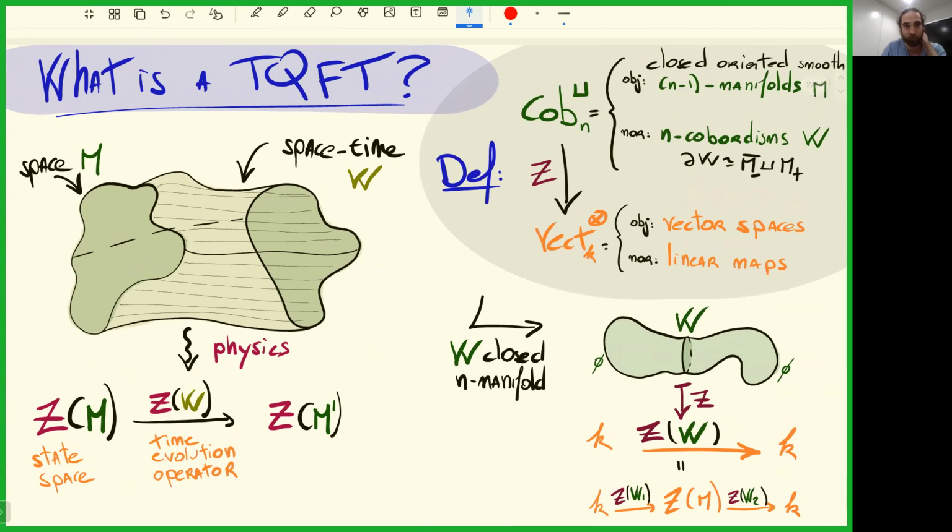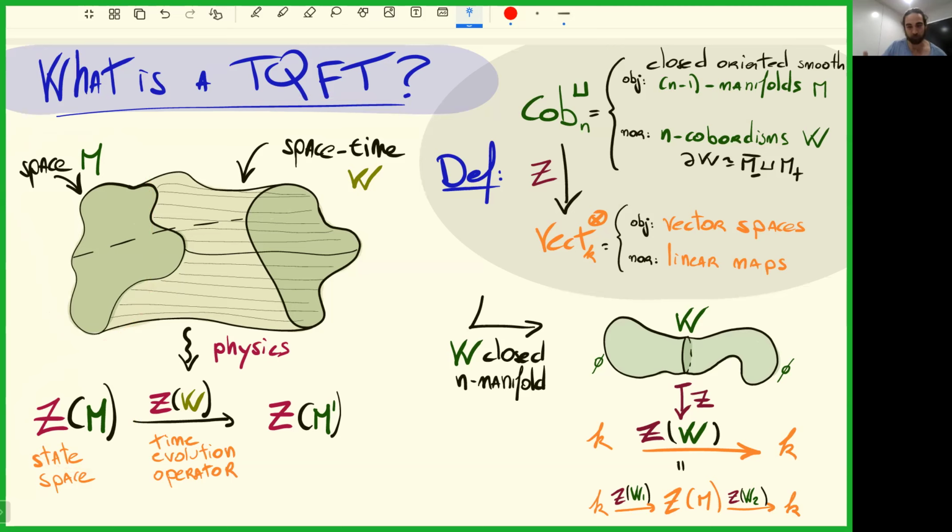So this stands for Topological Quantum Field Theory. It is a mathematical notion, but it's supposed to model something physical. So the idea here is that we're a kind of physical theory. This kind of quantum field theory, what it will do is that from a space M, which is the real space we live in, maybe, it will assign to me a vector space Z of M of all the physical states on M. So one way you can think about it is like, for example, classical mechanics will give me some phase space that tells me all the positions and speed of all the particles I'm looking at in my system.